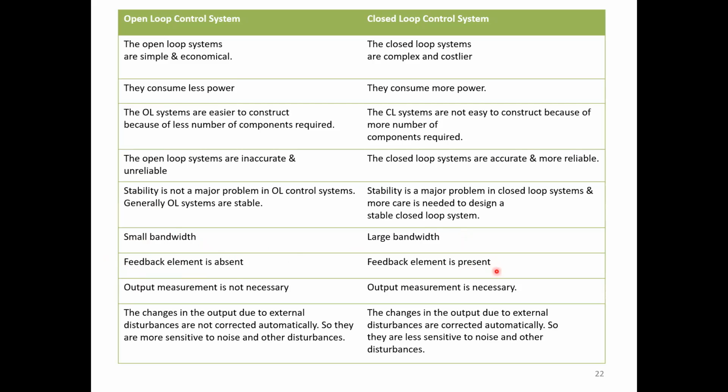On the other hand, the feedback element is present in the closed loop control system. And output measurement is not necessary here, whereas in closed loop the output measurement is necessary. The changes in the output due to external disturbances are not corrected automatically, so they are more sensitive to noise and other disturbances. The changes in the output due to external disturbances are corrected automatically, so they are less sensitive to noise and other disturbances.